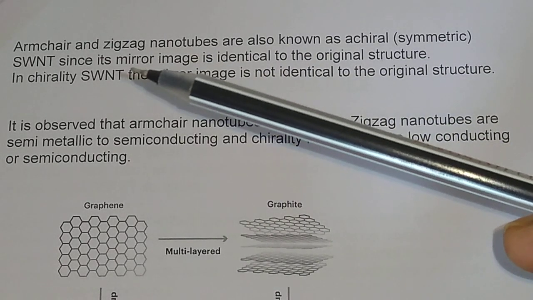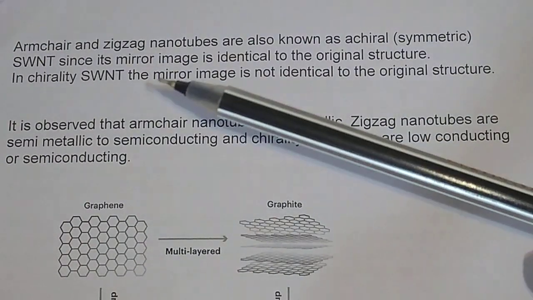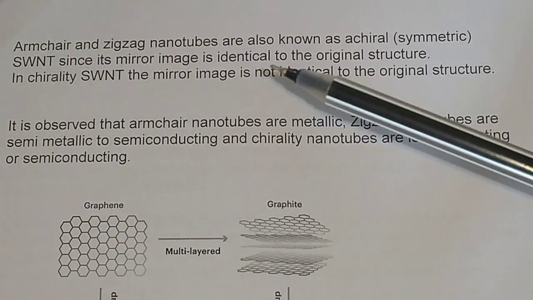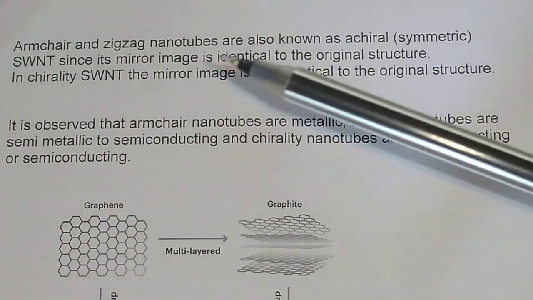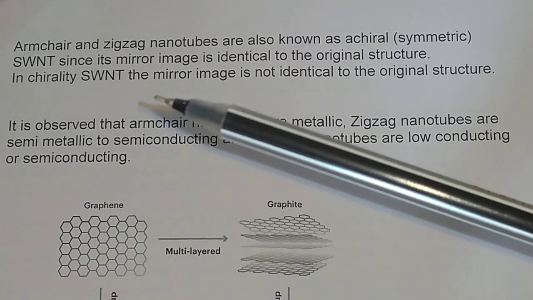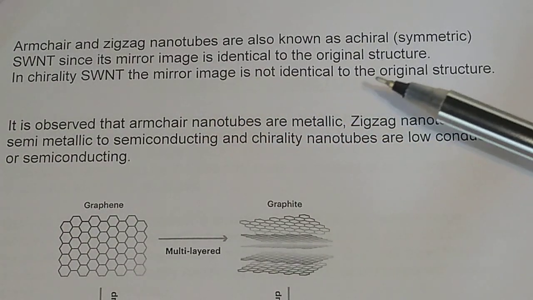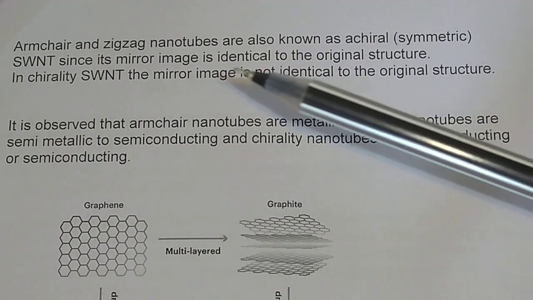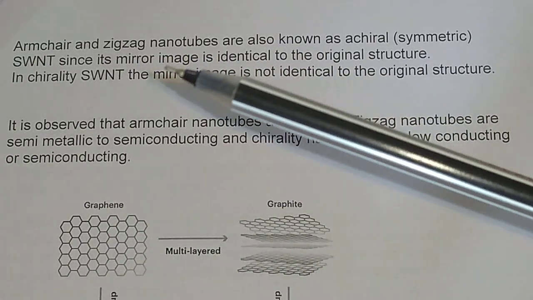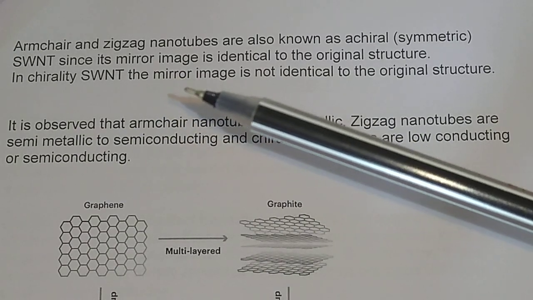In single wall carbon nanotubes, the mirror image is identical to the original structure. In chiral single wall carbon nanotubes, the mirror image is not identical to the original structure. So this is the difference between armchair, zigzag and chiral single wall carbon nanotubes.